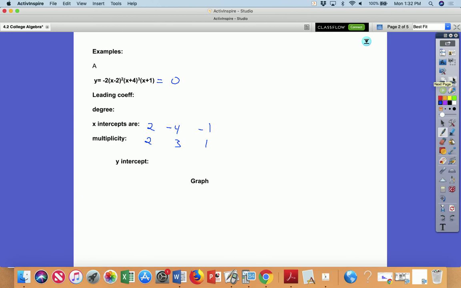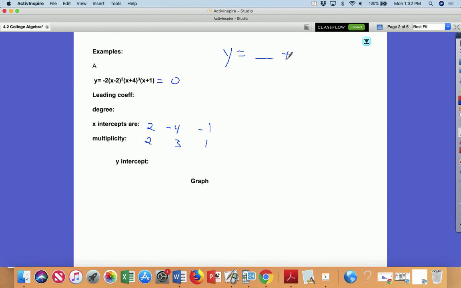Now, remember that when you talk about the degree of a function, if you have it written in standard form like this, can you tell the degree by looking at it? Absolutely. What's the degree of this? 4. But we don't have that here because we don't have it all multiplied out. So I'm going to show you how to think about it, and then I'm going to show you a shortcut.